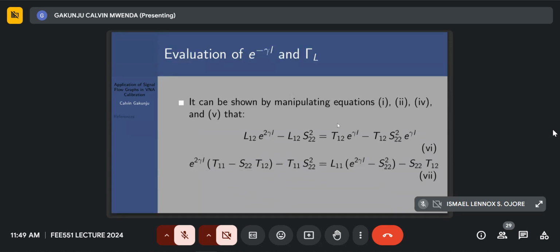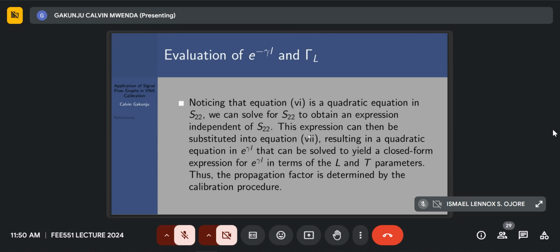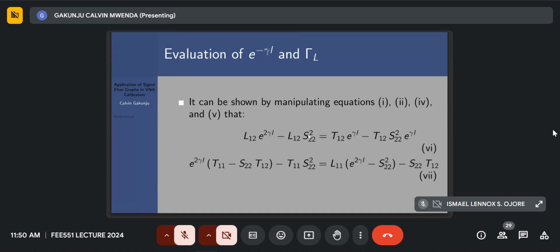Okay, so now we are looking at the evaluation of the propagation factor, e power negative gamma L, and the reflection coefficient. This one was seen for the line connection, and this one was seen for the reflect connection. I've skipped a lot of things here because the manipulations are too lengthy.